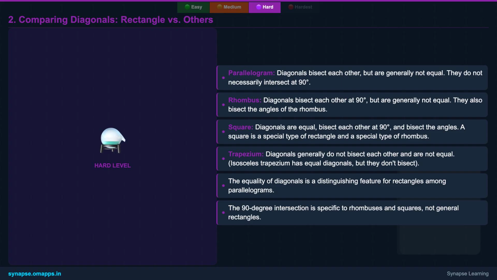Its diagonals are equal, bisect each other at 90 degrees, and even bisect the angles of the square. An isosceles trapezium has equal diagonals, but they don't bisect each other. This comparison highlights that the combination of equal length and mutual bisection is a unique identifying feature for rectangles among parallelograms, making them distinct and special.